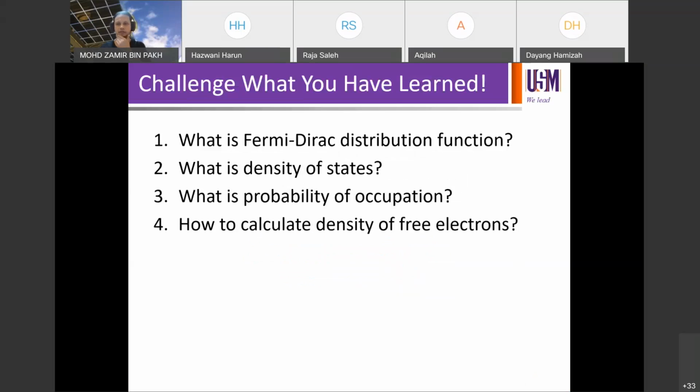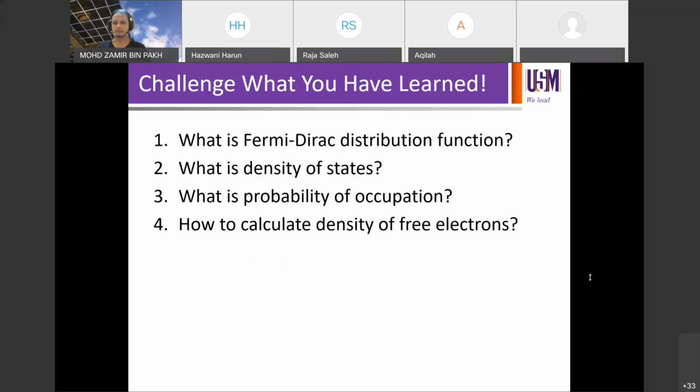Okay, so let's recap a few things before we continue, as usual, so that you have the right understanding from our previous topic. What is the Fermi-Dirac distribution function? Anyone? How would you define the Fermi-Dirac distribution function? What's the easiest way to define this?